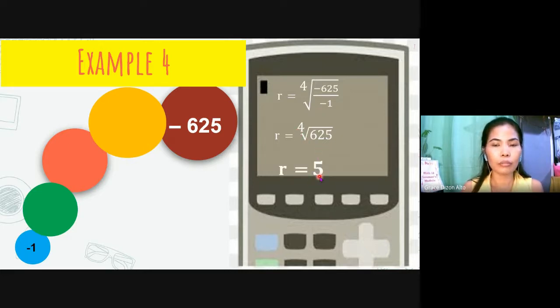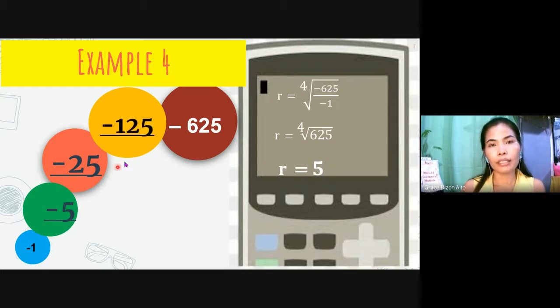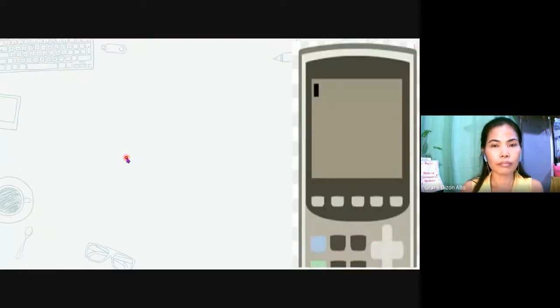This number will be multiplied to the first term and to the preceding terms. So negative 1 times 5 is negative 5. Negative 5 times 5 is negative 25. Negative 25 times 5 is negative 125. Therefore, the three geometric means between negative 1 and negative 625 are negative 5, negative 25, and negative 125.